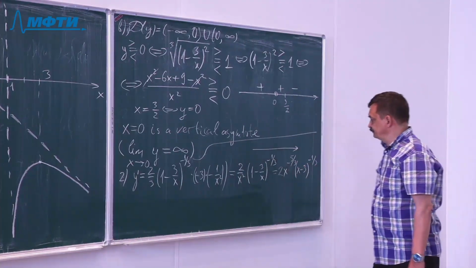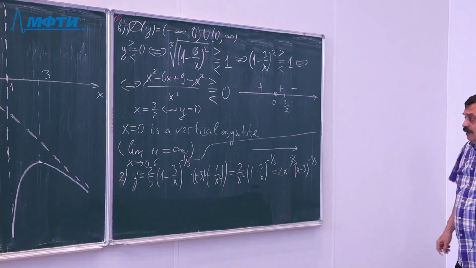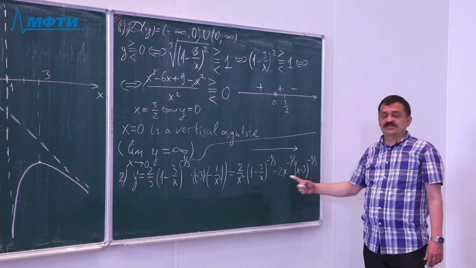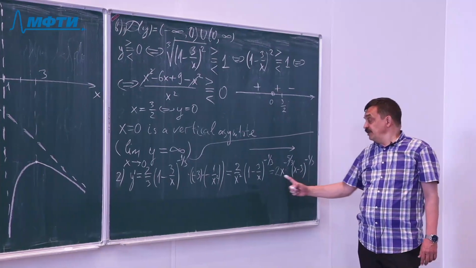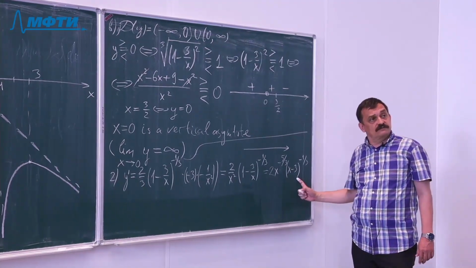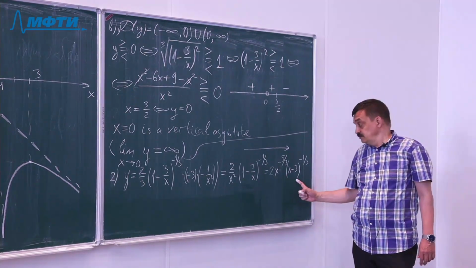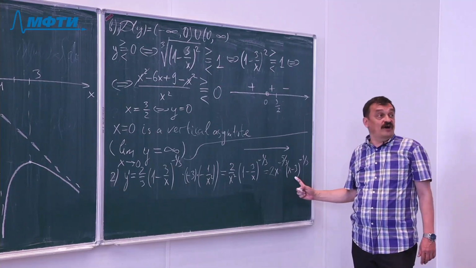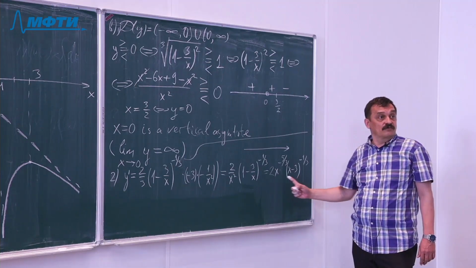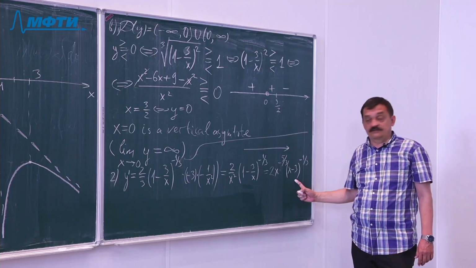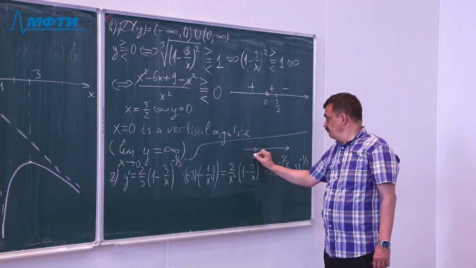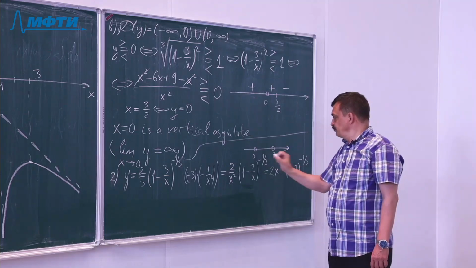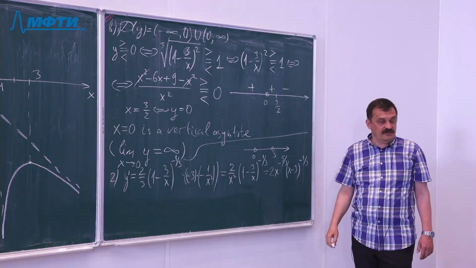If we look, it is never 0, right? But we have to exclude points where it is not defined, right? Where our derivative is not defined. For x equals 0 as before, but also one extra point, x equals 3.